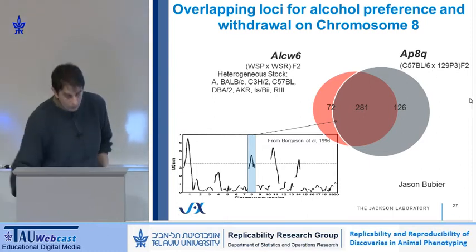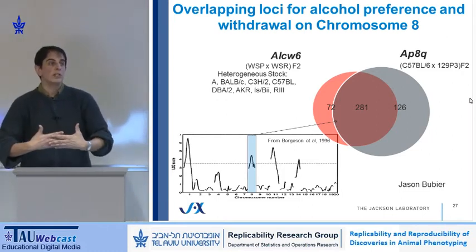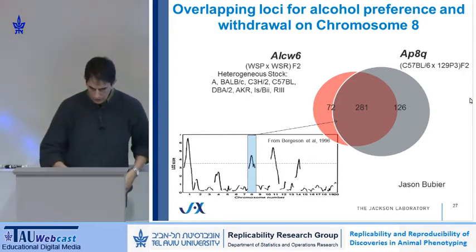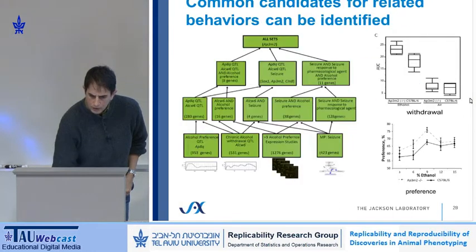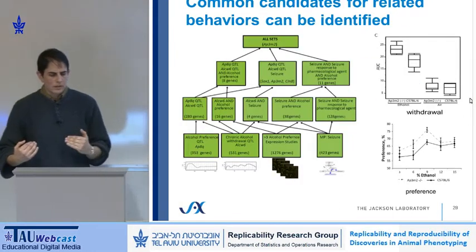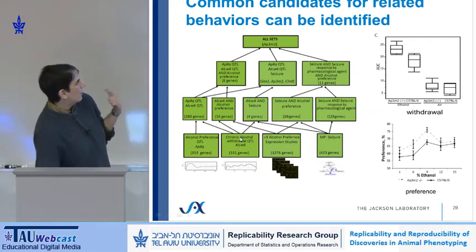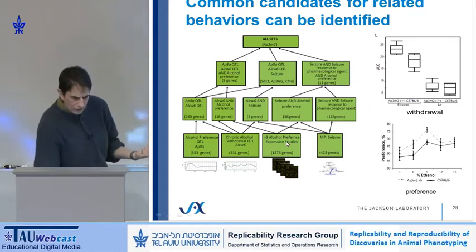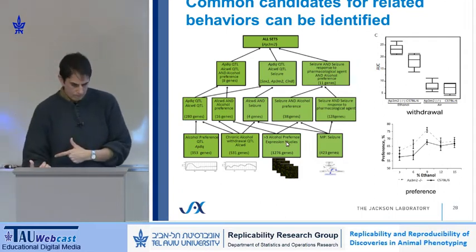And what we can see is that the intersection of these two loci are 281 genes, a sort of hopeless number of genes to have to pick through. But we pressed on anyway. So what I was able to do then is I have the genes, several hundred in my preference QTL, several hundred in my withdrawal QTL, but we have many differential expression gene sets in the context of alcoholism.